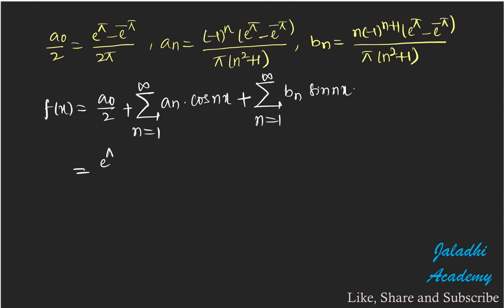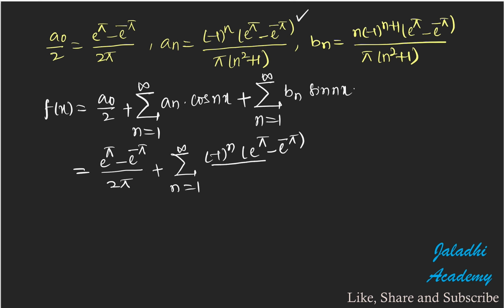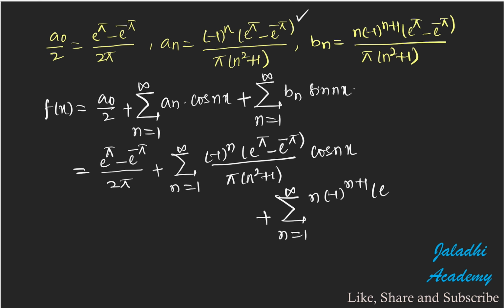Then we'll get (e^pi - e^(-pi)) divided by 2 pi plus summation n runs from 1 to infinity, a_n value replaced, that is (-1)^n (e^pi - e^(-pi)) divided by pi times (n^2 + 1) into cos nx plus summation n runs from 1 to infinity n times (-1)^(n+1) into (e^pi - e^(-pi)) divided by pi into (n^2 + 1) into sin nx.